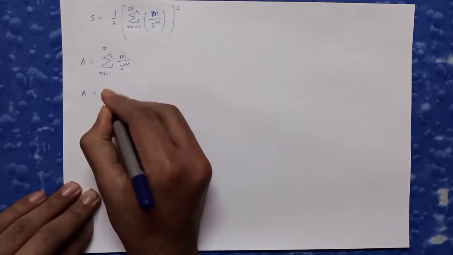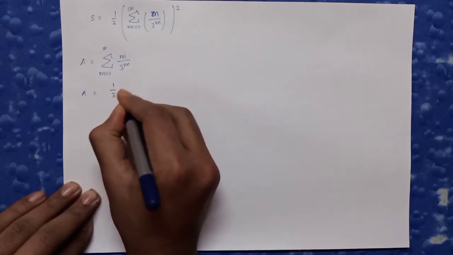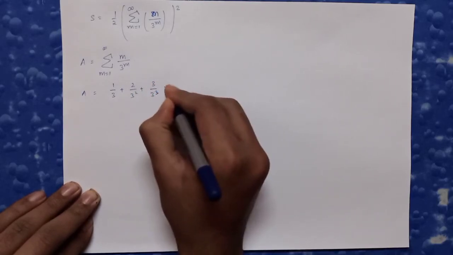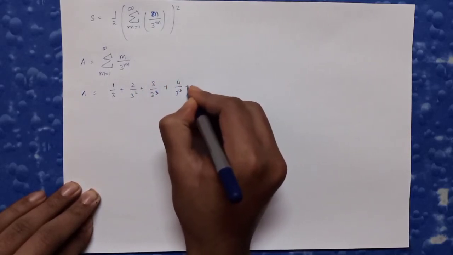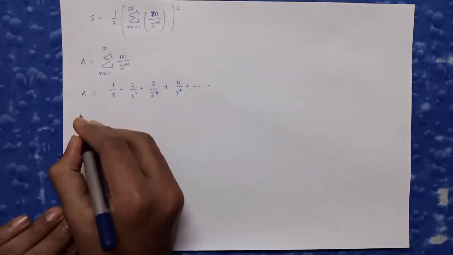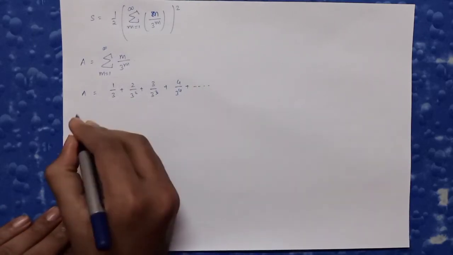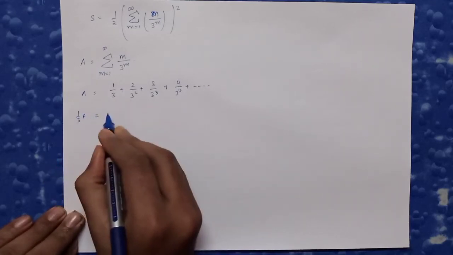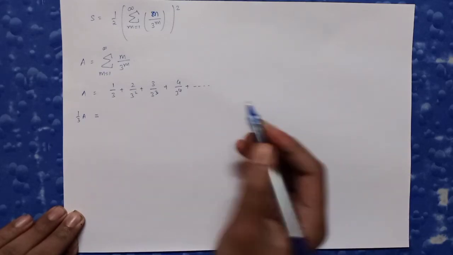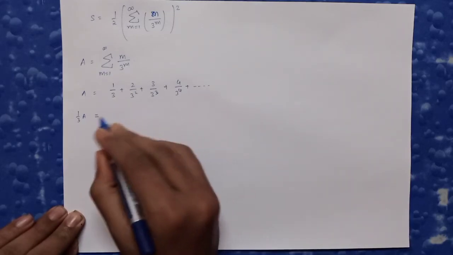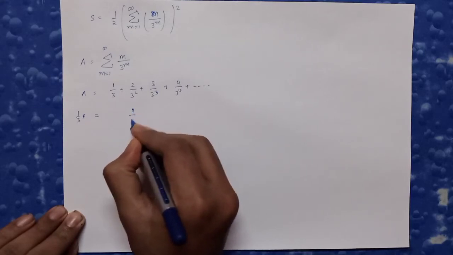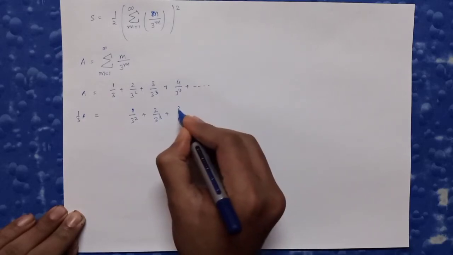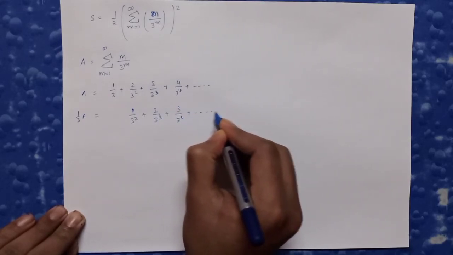So A equals 1 by 3 plus 2 by 3 square plus 3 by 3 cube plus 4 by 3 raised to power 4 plus dot dot dot till infinity. Now let's multiply this equation by 1 by 3, shifting the terms one place to the right. So we get 1 by 3 times A equals 1 divided by 3 square plus 2 divided by 3 cube plus 3 divided by 3 raised to power 4 plus dot dot dot till infinity.